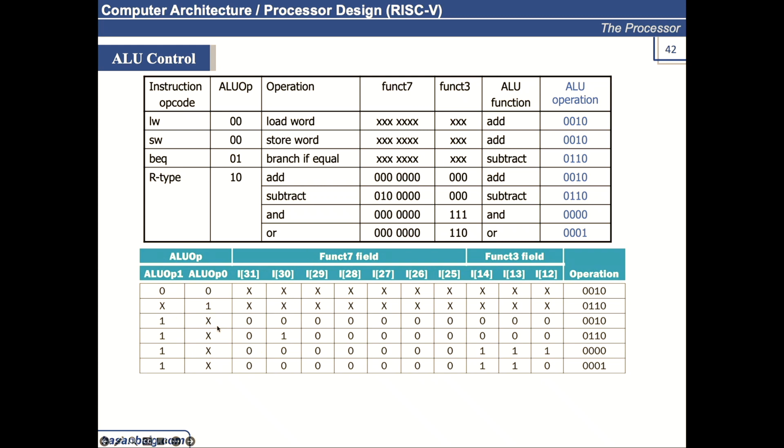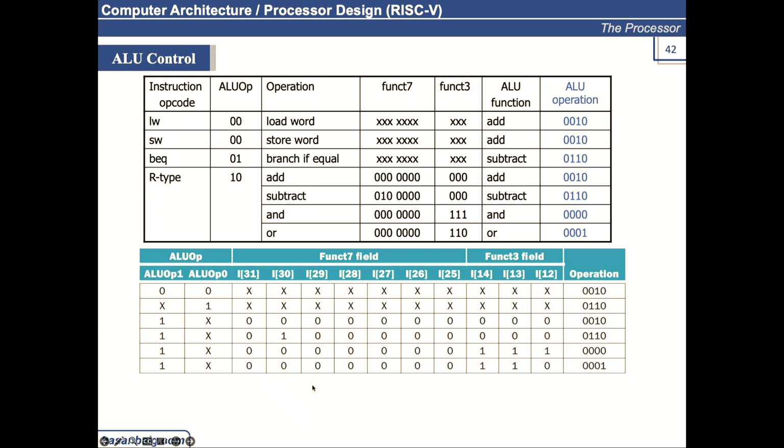In case of 0 1, it's a subtract operation, which is specified by the branch instruction. In case of 1 0, we need to look into the func3 and func7 fields, because we have to decide whether to perform an add operation, AND operation, OR operation, or subtract operation.